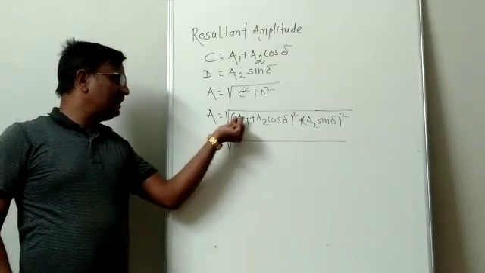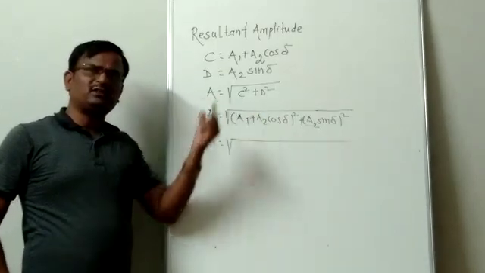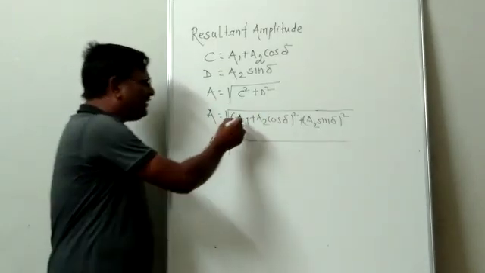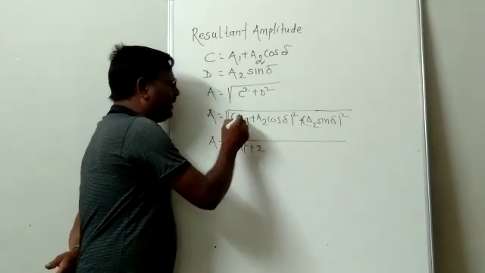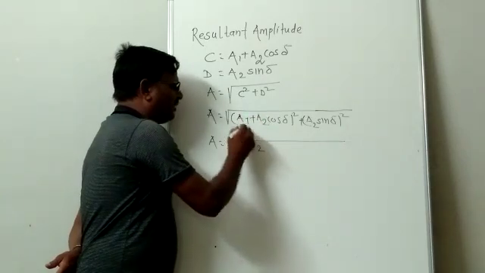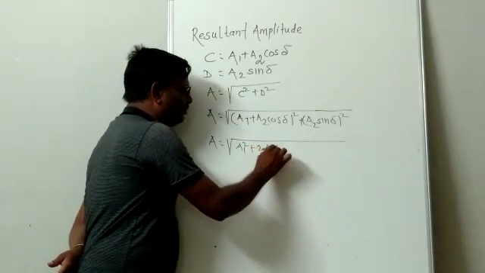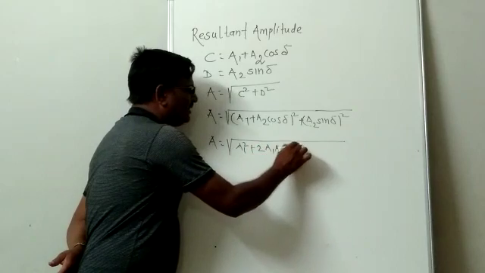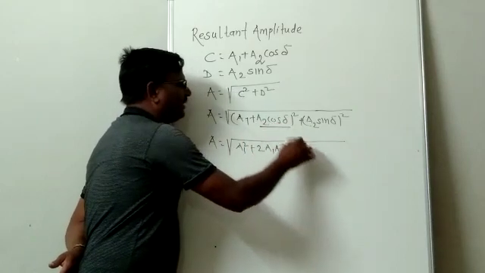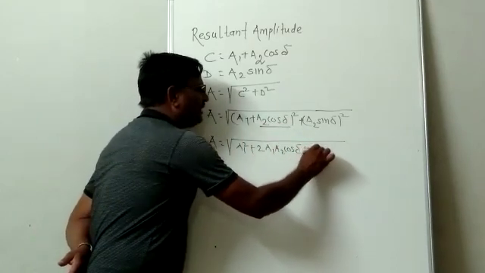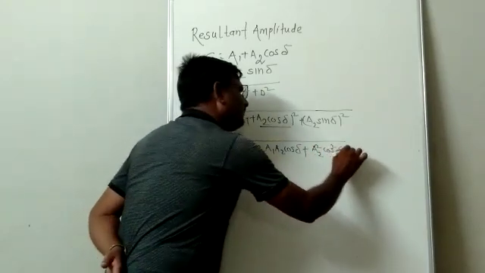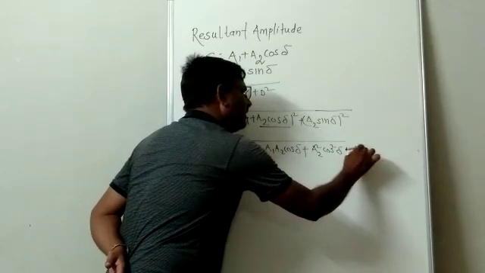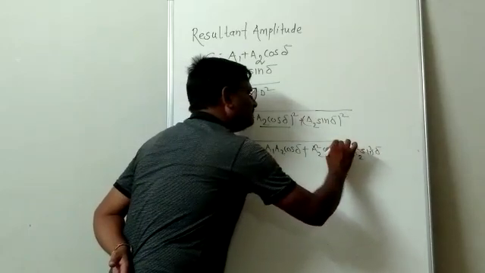This bracket is just like (A plus B) square, which is A square plus 2AB plus B square. That is A1 square plus 2 into first term into second term, 2A1 A2 cos delta, plus second term square, A2 square cos square delta, plus A2 square sin square delta.